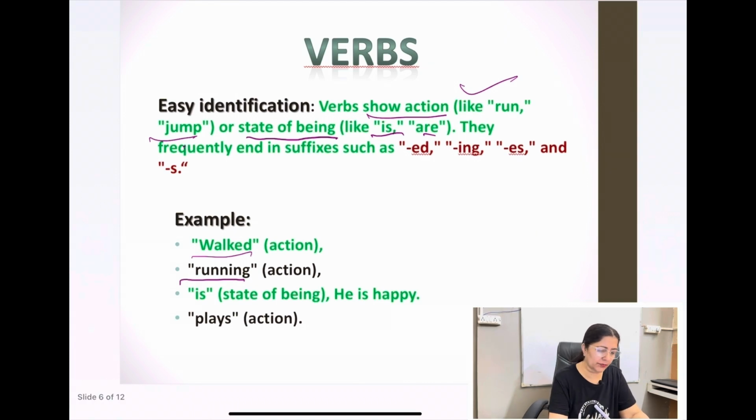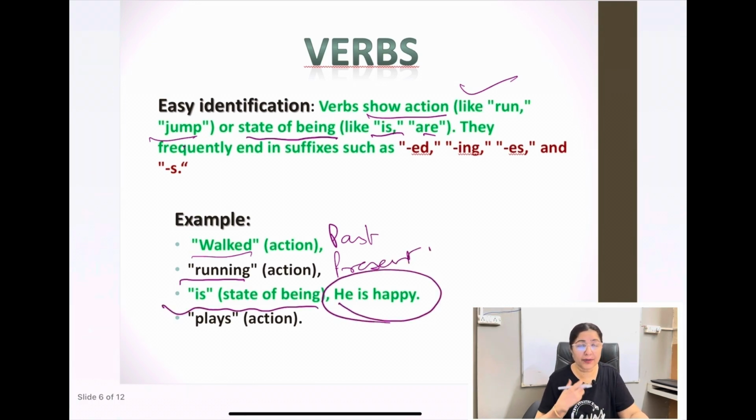This is talking about past, this is talking about present. A state of being, like he is happy, I am a professor. Is, am, are, they are states of being. I am a professor. You are a student. So, state of being. Similarly, plays, that is also an action.